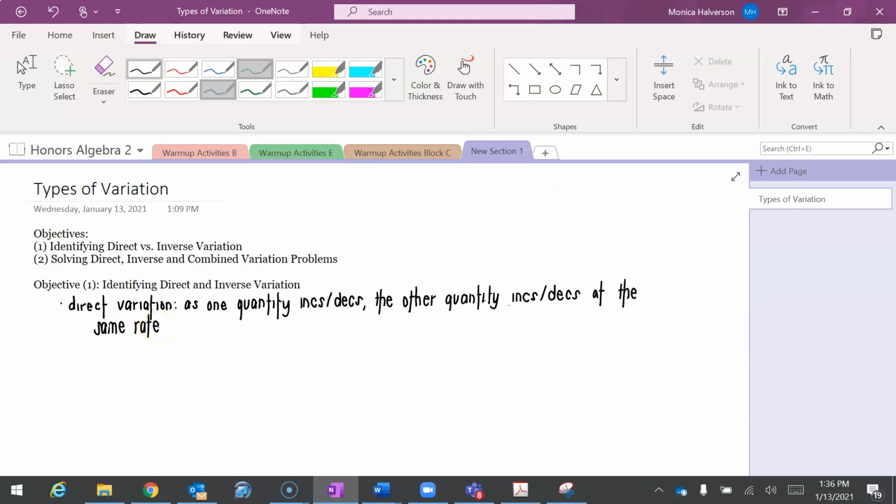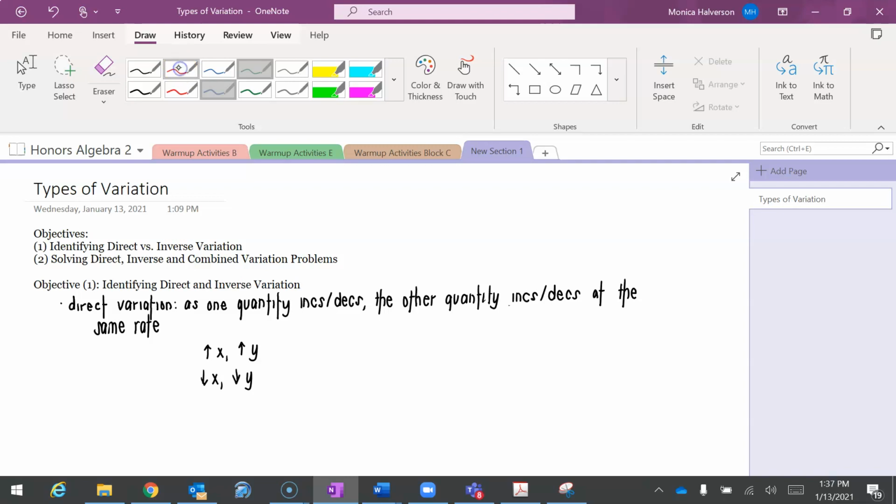All right? So essentially this is saying if the quantity of X increases, the quantity of Y increases at exactly the same rate. Or as the quantity of X decreases, the quantity of Y decreases at exactly the same rate.